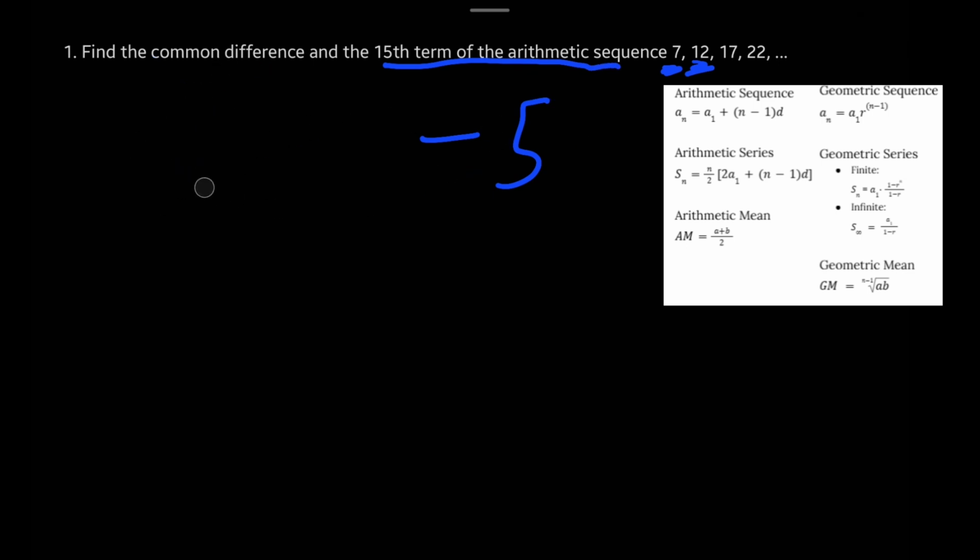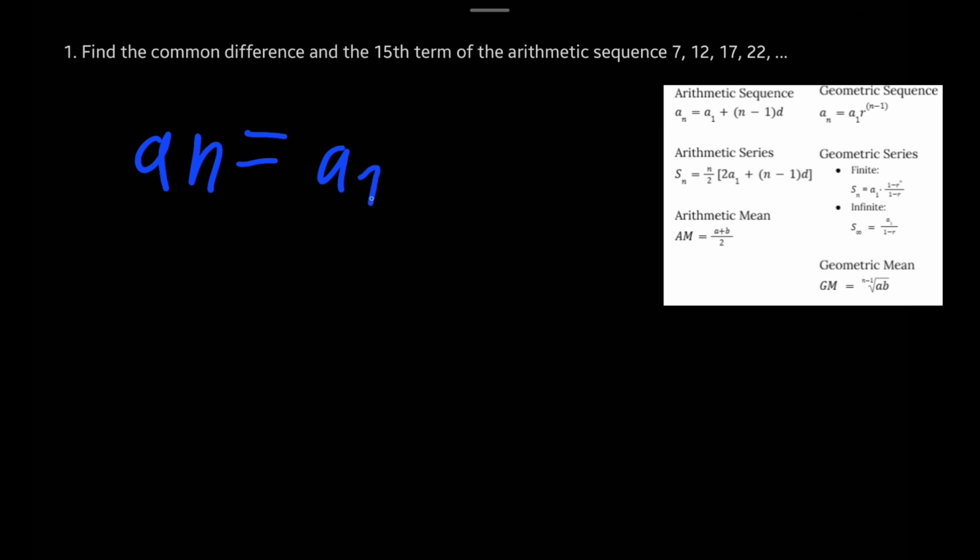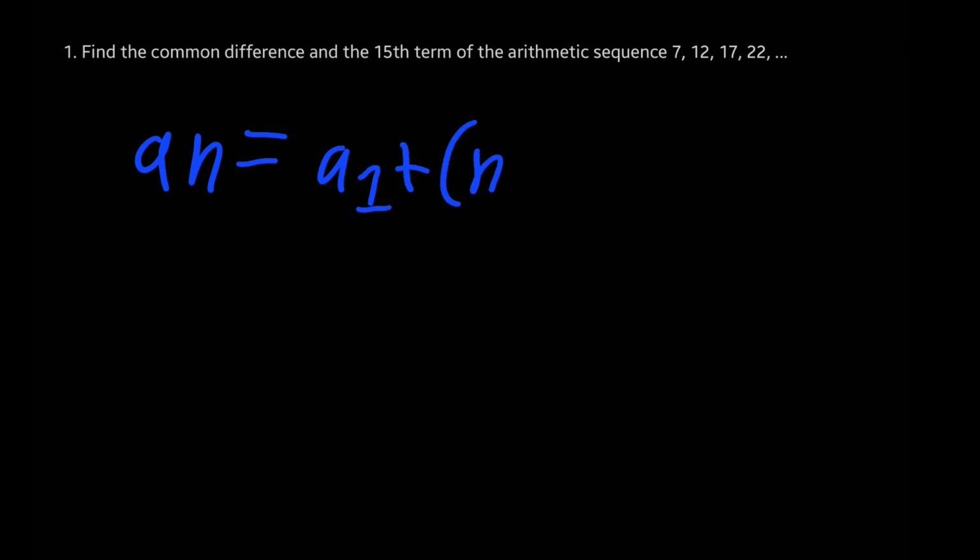Now for the second part, the 15th term of the arithmetic sequence. So we write the formula again for an arithmetic sequence: a sub n equals a sub 1 plus n, the term's position, minus 1, times the difference.